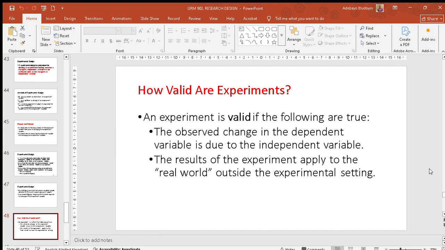So the things we have to start thinking about if we are conducting an experimental research design is that you need validity. Number one, you want to see if the change that you observed in your dependent variable, in a crop yield for example, is due to weather condition or is due to a change in rainfall.